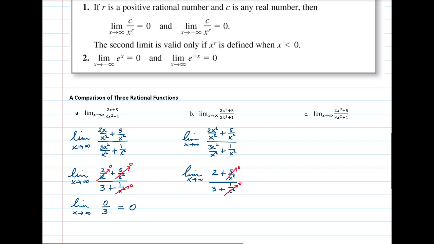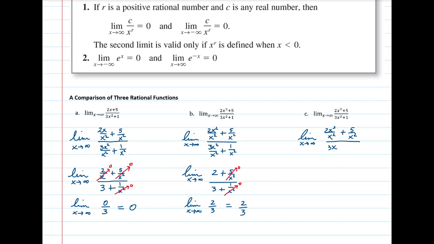In the same way here, all those terms go to 0 as x goes to infinity, and we end up with the limit of 2 over 3. That's a constant, and the limit of a constant is just the same constant, so it would be 2/3 in this case. Now in this last one, we still want to divide each term by x squared so that we get the bottom one equal to some constant.